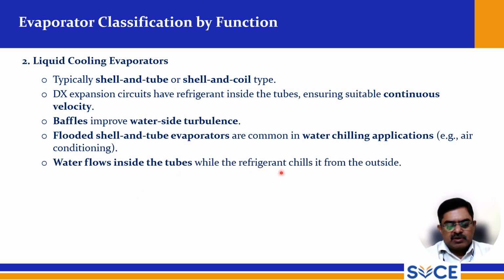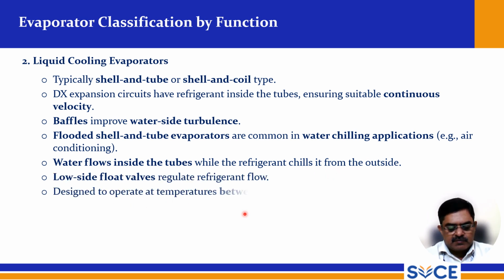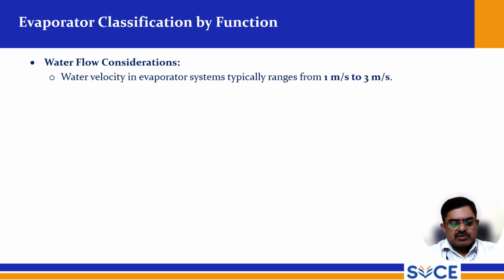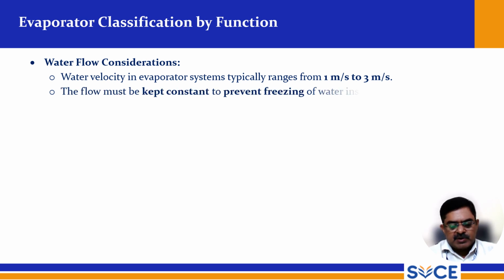While the refrigerant chills from the outside, low side float valves regulate refrigerant flow and are designed to operate at temperatures between 4 to 9 Celsius. Water flow considerations: water velocity in evaporator systems typically ranges from 1 meter per second to 3 meters per second.